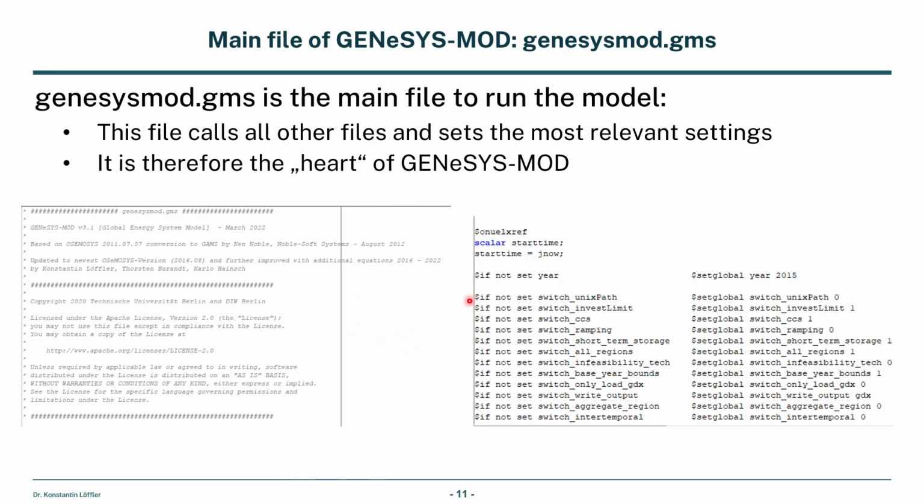And then just below that, you will see these kind of switches here. It's always in the format where it says if not set, then a name, and then set global, and then a statement. The idea here is that it checks if it has been set before. This means that you can set it otherwise via command line, for example, if you're running things on a compute environment or some cluster computer.